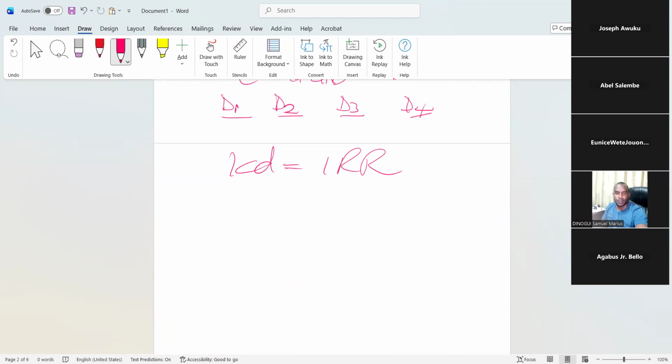Now, internal rate of return is an investment appraisal technique that we will learn later. We said that you can only calculate internal rate of return when you have two NPVs and two discount factors, right?